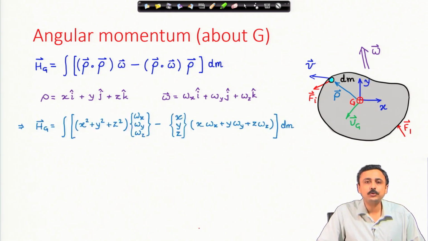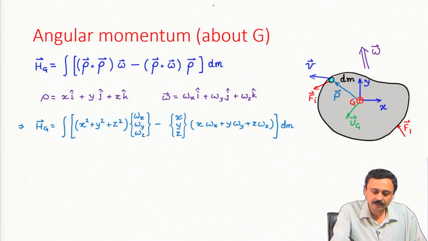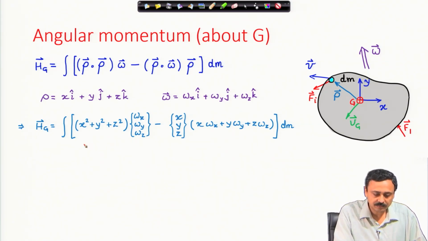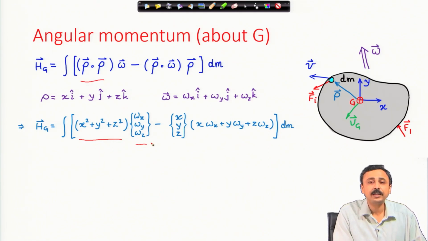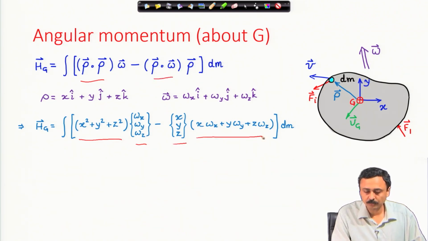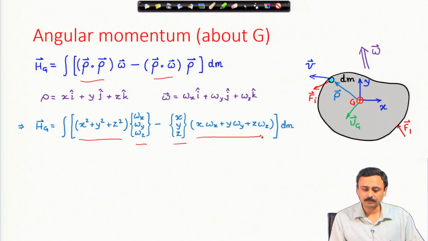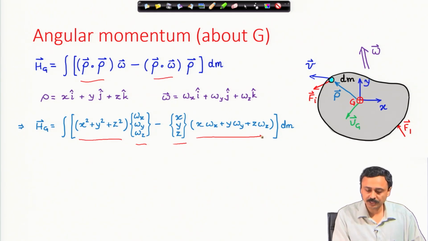Now, if I substitute these expressions of rho and omega, then I obtain this integral. This is rho dot rho times omega, now written as a column vector, minus rho times rho dot omega. This is a straightforward calculation.